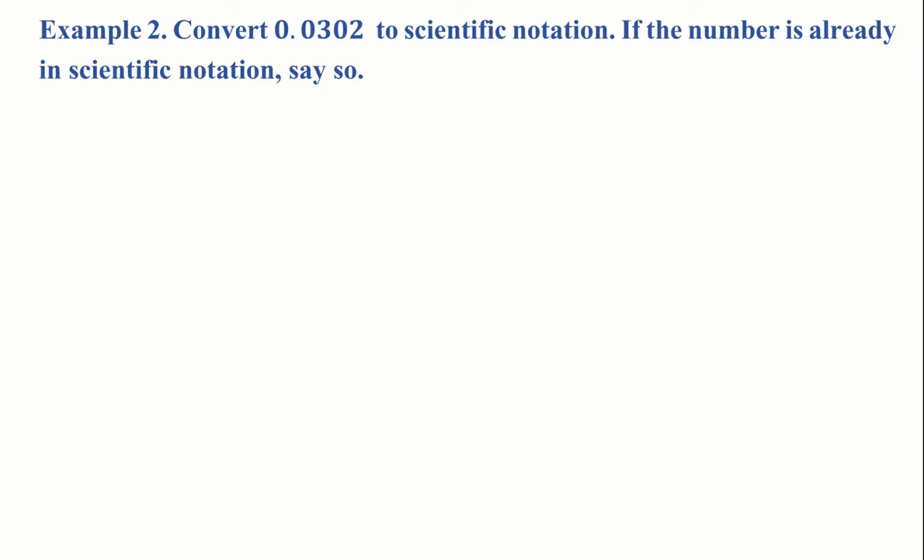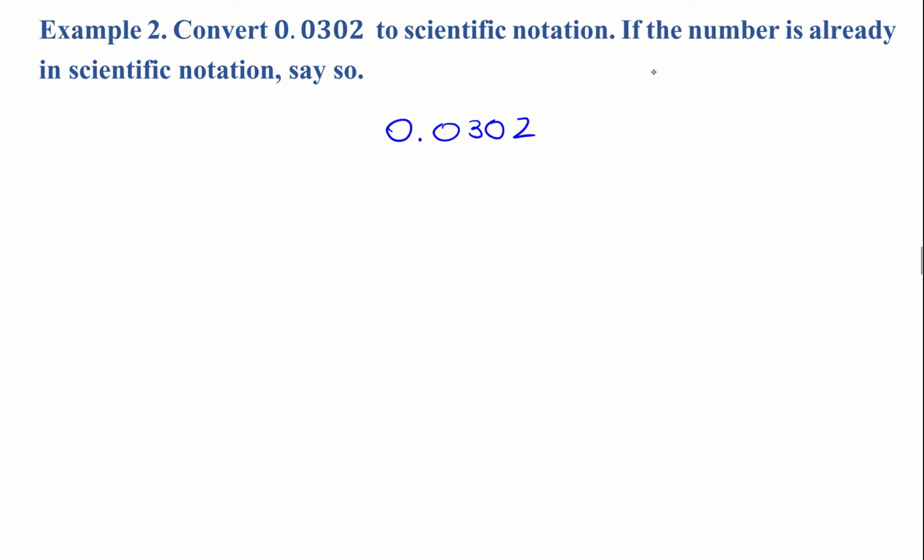All right, so here we're going to convert 0.0302 to scientific notation. So we're going to write down 0.0302. Remember, we scan from left to right, and we stop after the first non-zero digit. Notice that's the 3 right there.